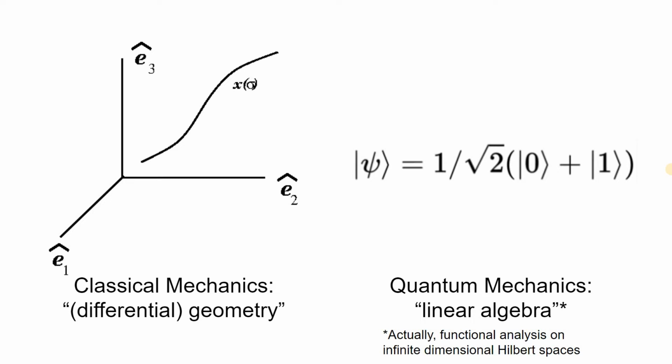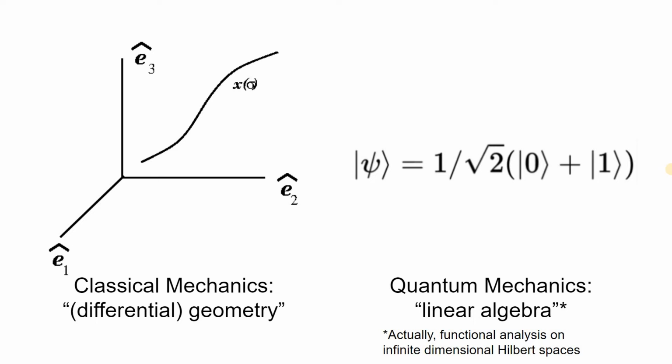And actually, here a little clarification: it is not just linear algebra; it's actually a thing called functional analysis on infinite dimensional Hilbert space, which is a combination of linear algebra and topology, and that makes things a little bit subtler and more delicate.